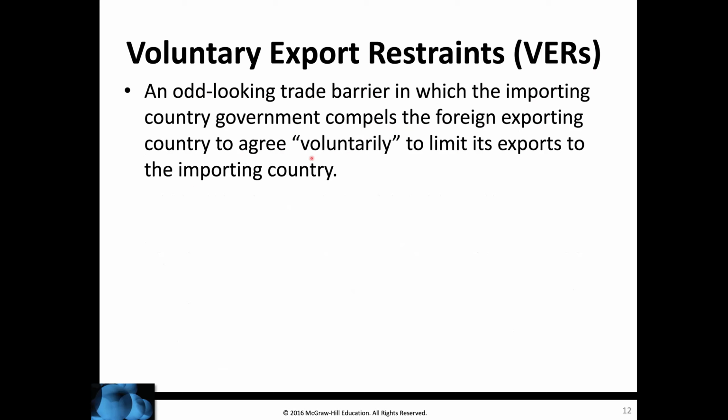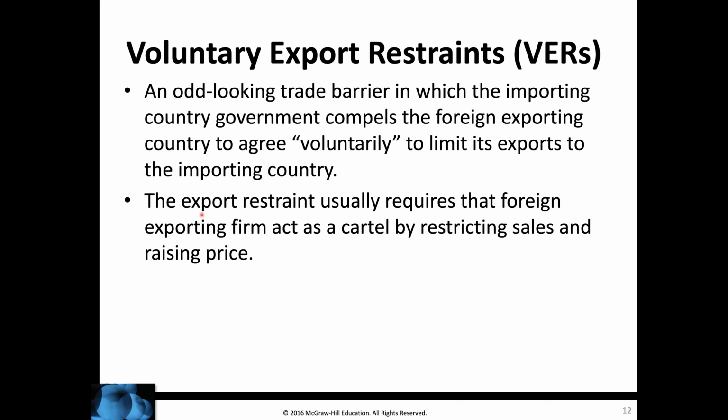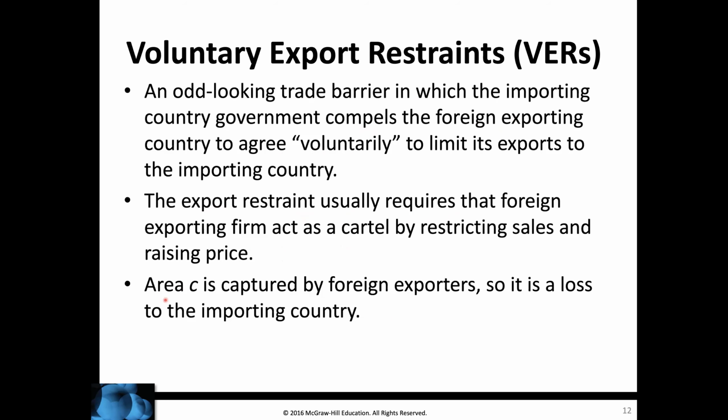So while it is technically voluntary, they are compelled if they want to participate in that domestic market. So the foreign exporting countries or country has to agree to the voluntary limits. So the export restraint usually requires that foreign exporting firms act as a cartel by restricting sales and raising prices. So they have to self-regulate at that point. Area C is captured by foreign exporters, so it is a loss to the importing country.